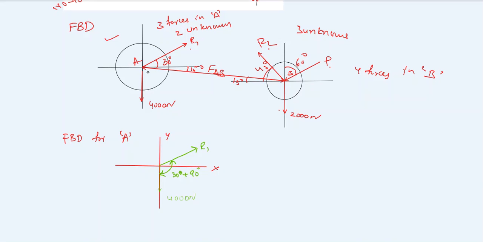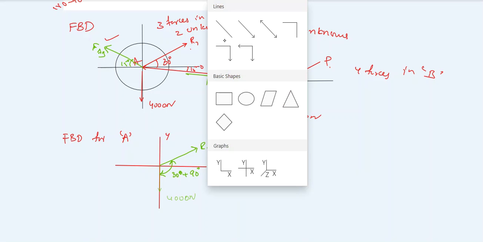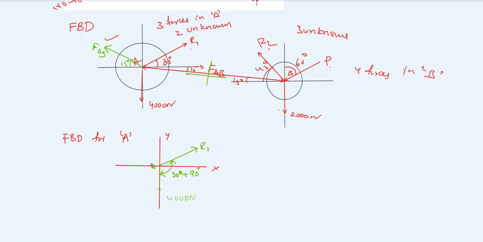Using the law of transmissibility, you can transfer this force to here. So if you draw x and y axis, you can see this is in the first quadrant. So I am going to draw FAB in the first quadrant, which makes an angle 15 degrees with the x axis.